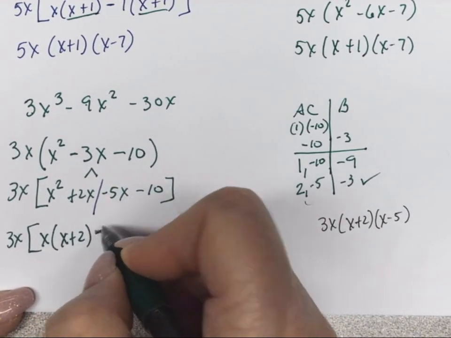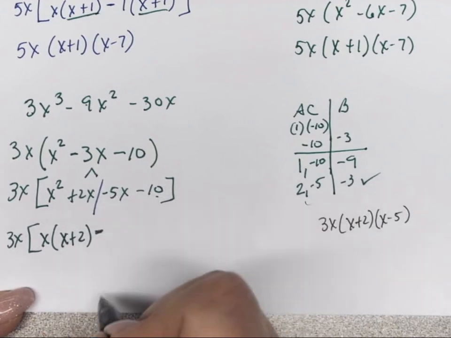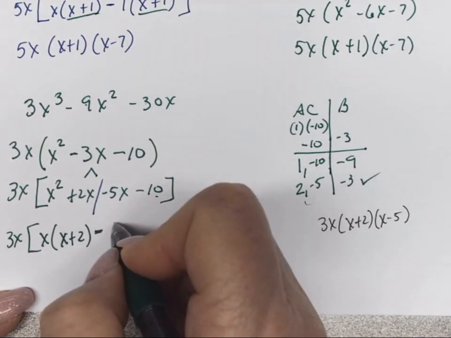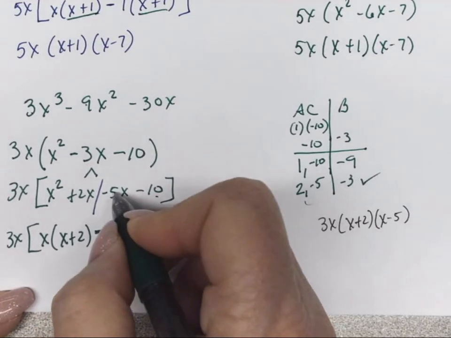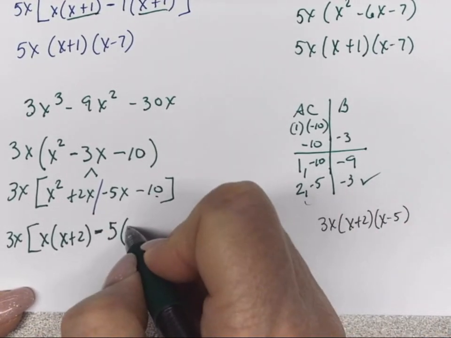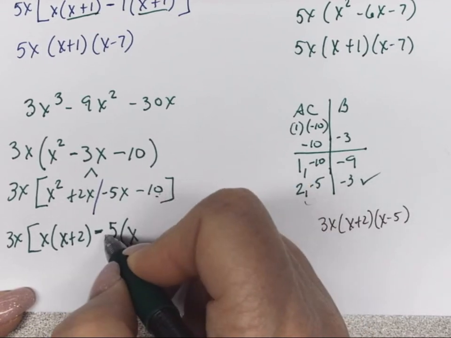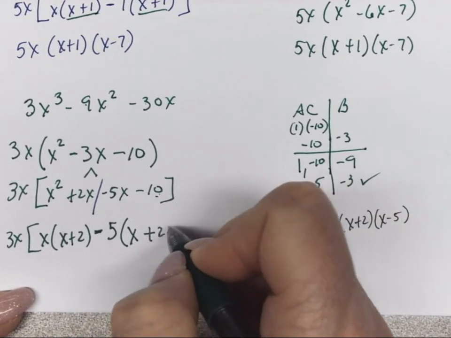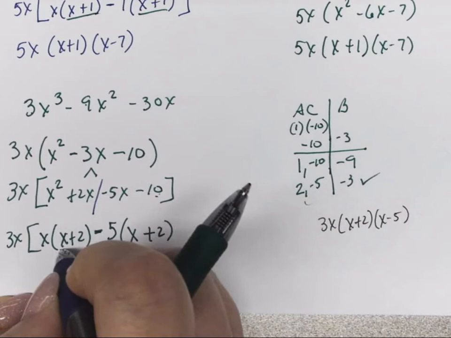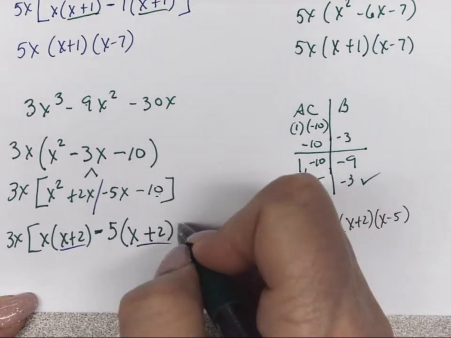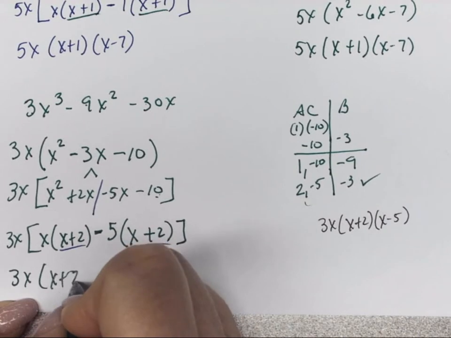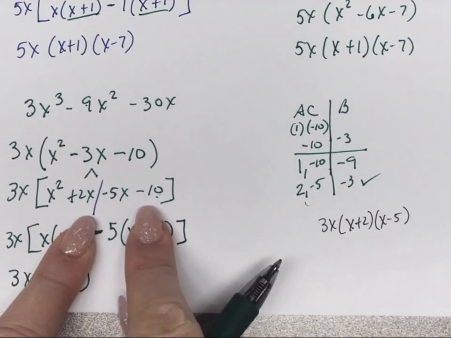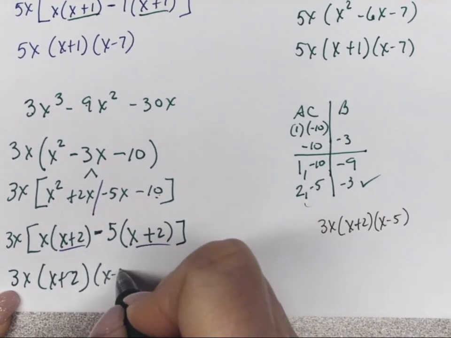Bring out the negative sign. They both have a 5 in common between 5x and negative 10, so bring out the 5. Negative 5x divided by negative 5 will be x. Negative 10 divided by negative 5 would be positive 2. And they match. So we end up with 3x times x plus 2, and then x minus 5 is left.